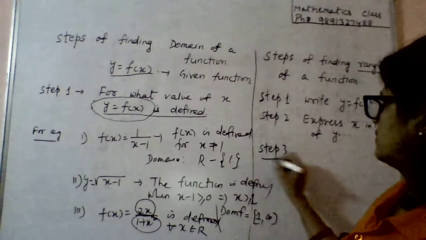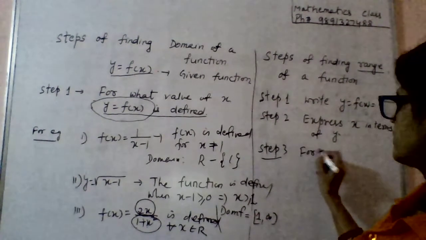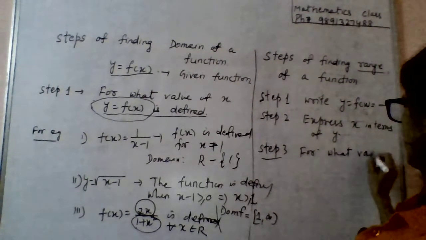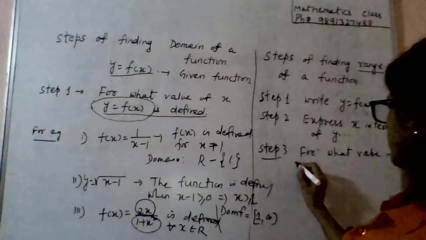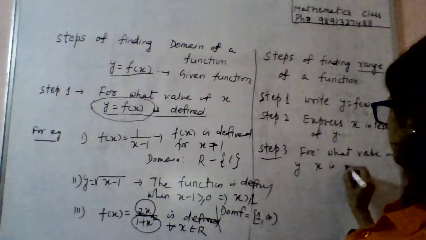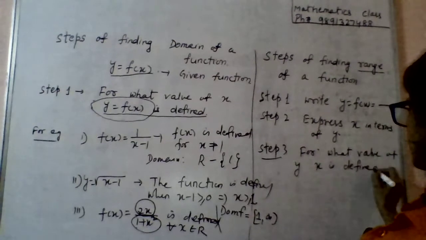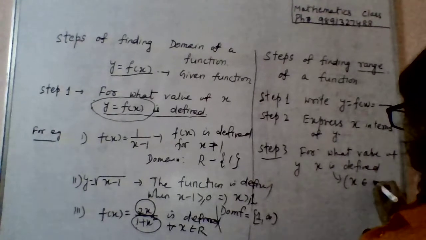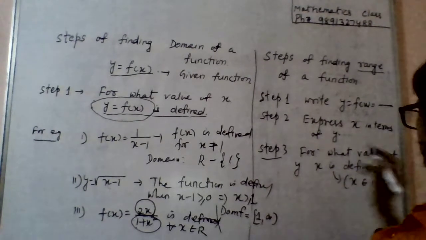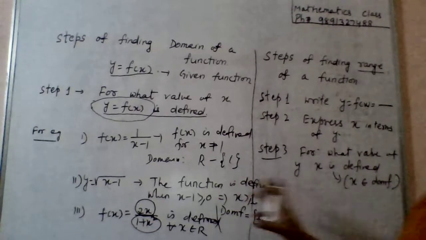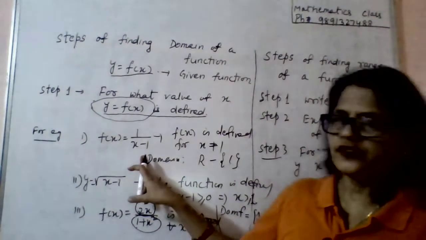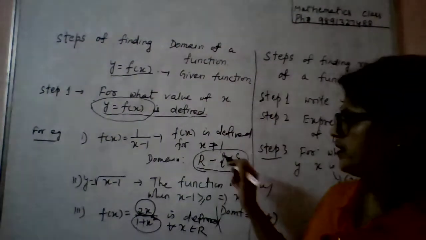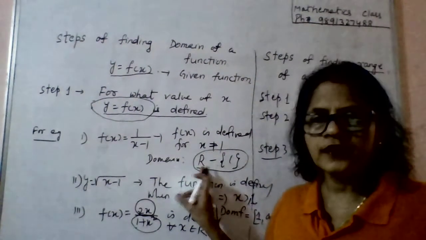Step 3 is, we have to ask the question to ourselves, for what value of y x is defined. As I said, x defined means x belongs to the domain of the function. For example, if we have to find the range of this function, we know the domain of the function is any real number except 1.